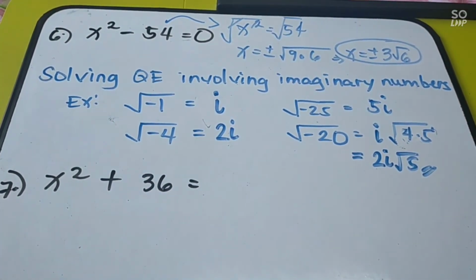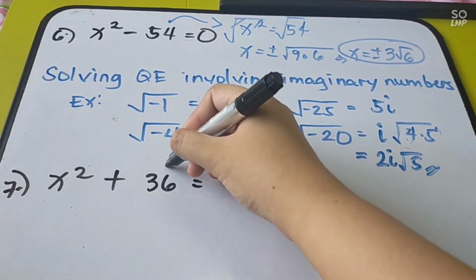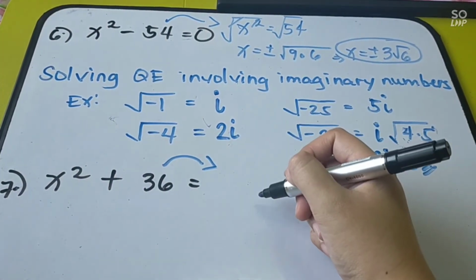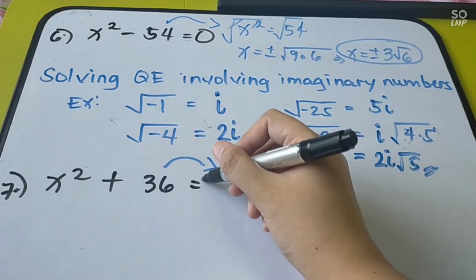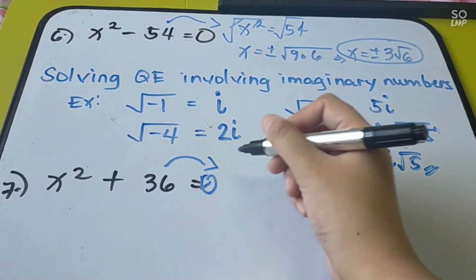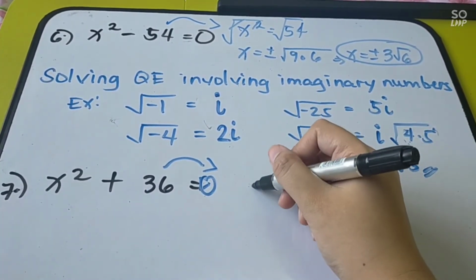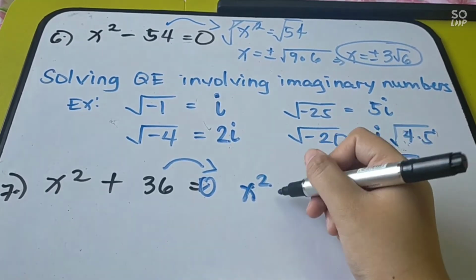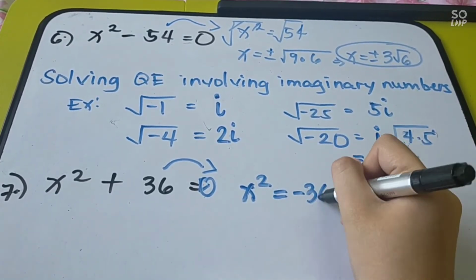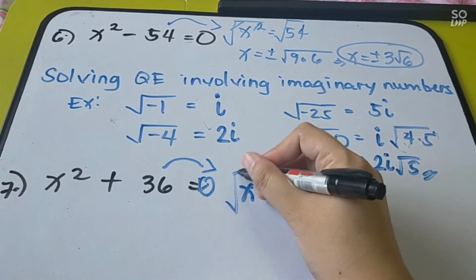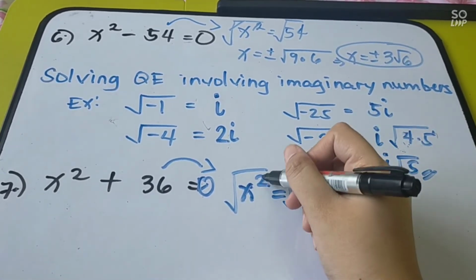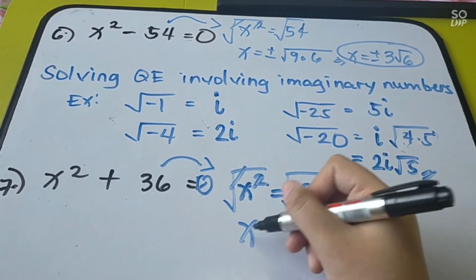x squared plus 36. If you are going to transpose 36 to the other side, it becomes negative. So, we have here 0 equals 0. So, x squared is equal to negative 36. Then, if you find the square root of both sides, the square cancels out. So, you have here x.